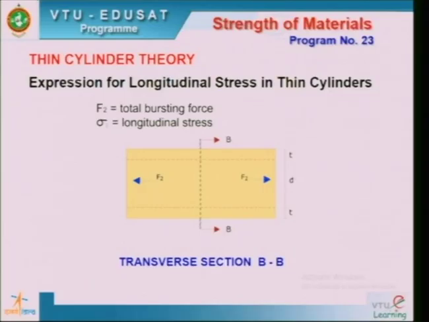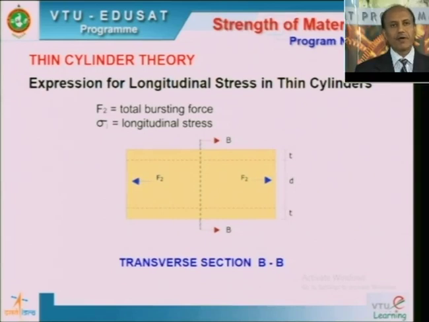If we look at the picture on the screen, we have a cylinder which is subjected to an internal pressure. Understand that we are looking at a cylinder which is closed at its ends, and we are talking about a situation where the bursting may happen along a cross section which is transverse to the longitudinal axis.